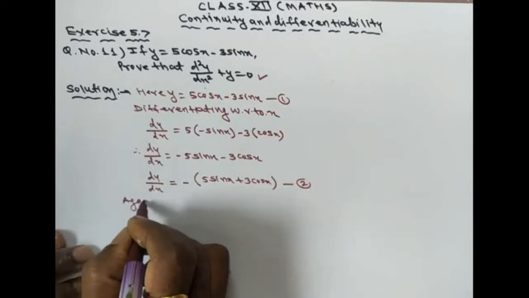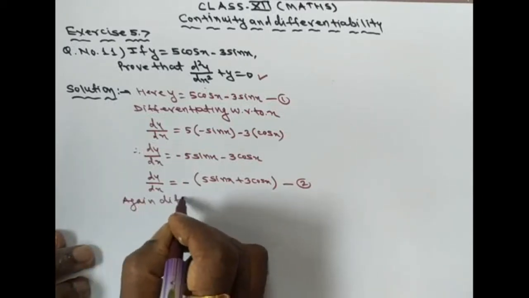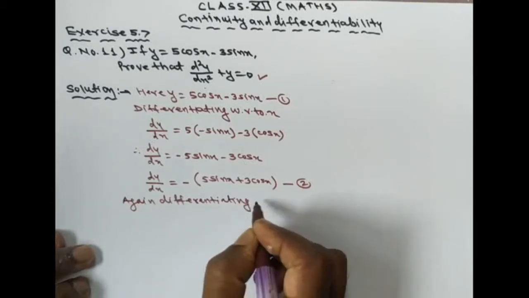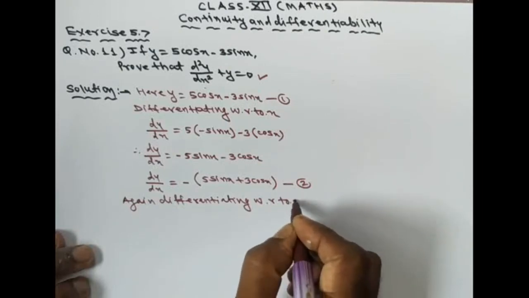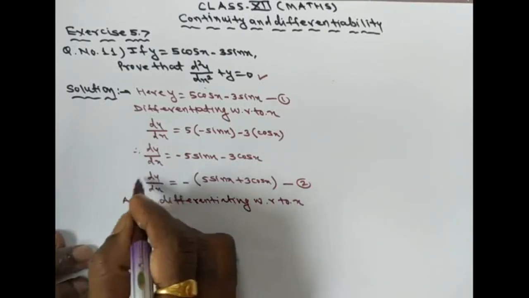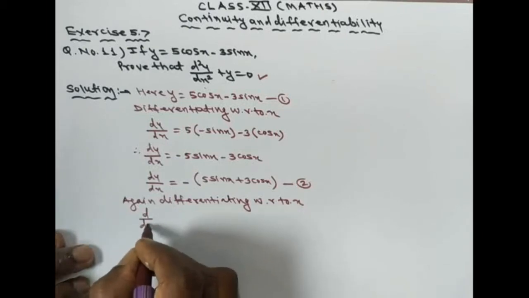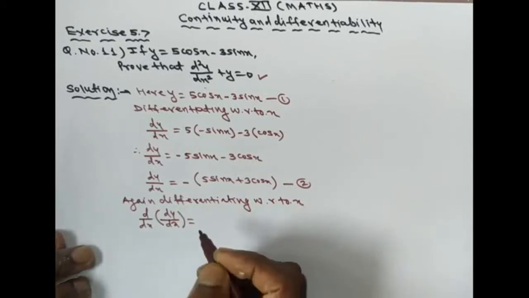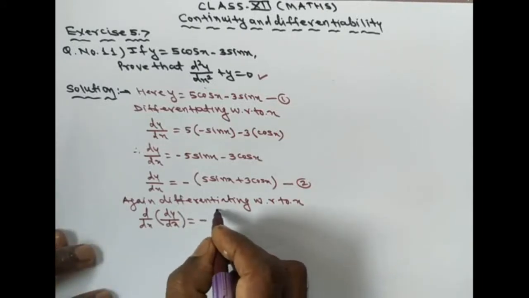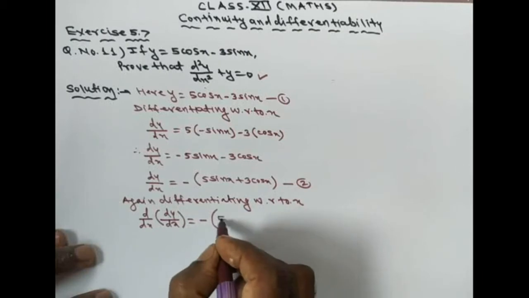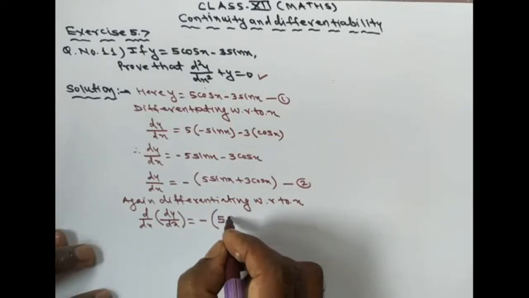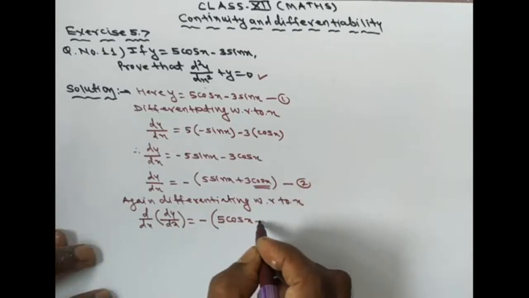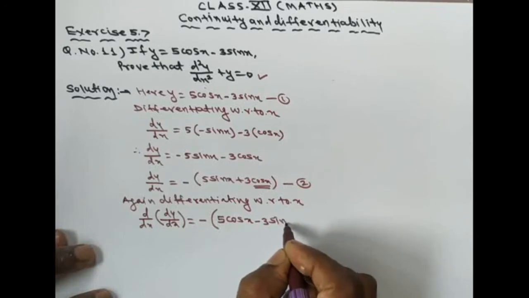So again differentiating with respect to x. The derivative of dy by dx will be minus into bracket, the derivative of 5 sin x is 5 cos x, plus the derivative of 3 cos x, which is minus 3 sin x.